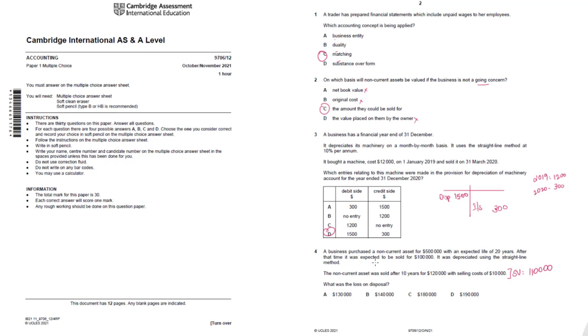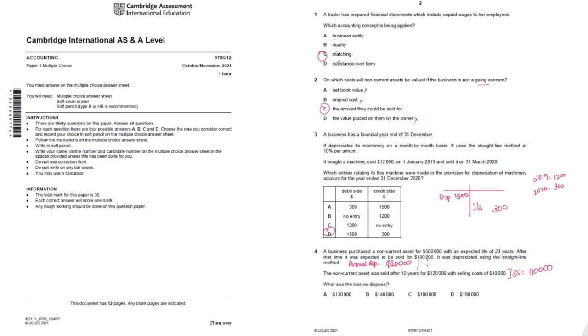Okay, let's calculate the net book value. Before calculating the net book value, we will also have to calculate the annual depreciation, which will be cost 500,000 minus residual value 100,000. So 400,000 divided by 20. 20,000 will be the annual depreciation.